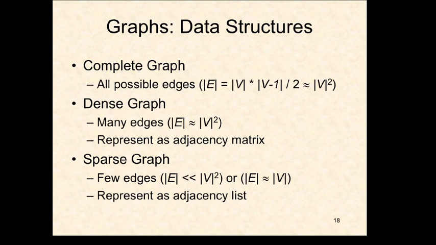We can represent that as an adjacency matrix. We'll talk about that soon. In a sparse graph, we could say that E is much less than V squared, or that E is proportional to V. There is no hard and fast rule about where the dividing line is between a dense graph and a sparse graph.